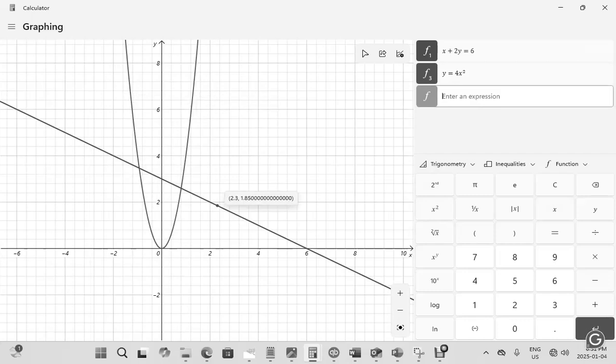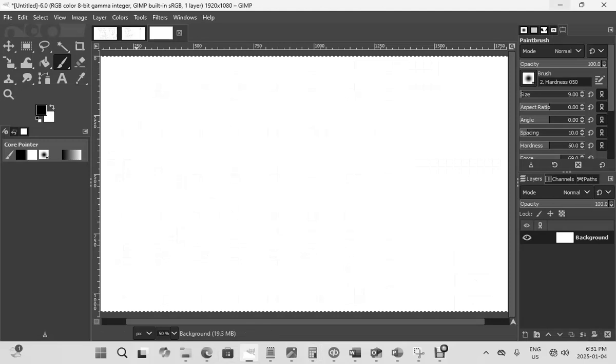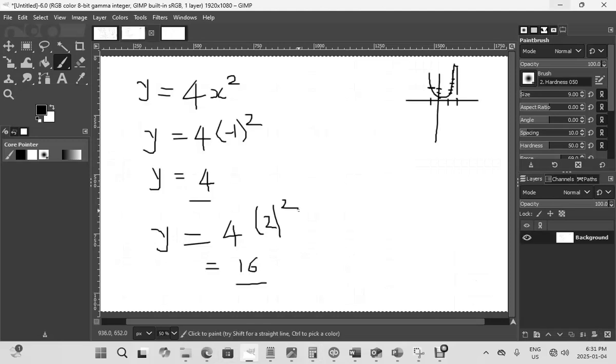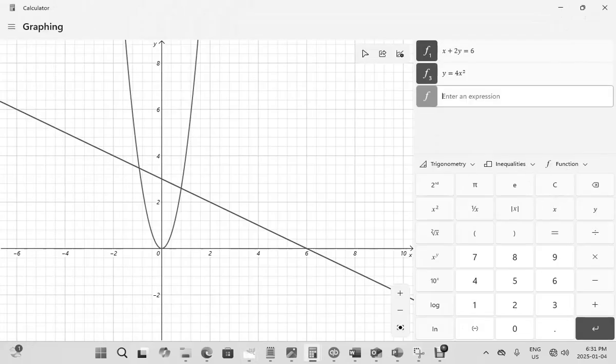Now if you want to verify the values, we'll check your x and y coordinates. -1 is 4.